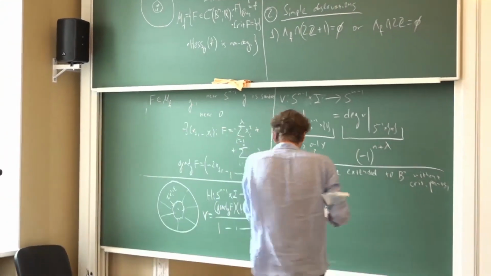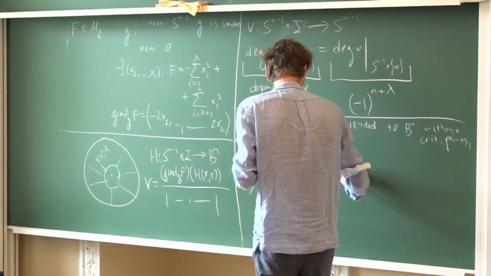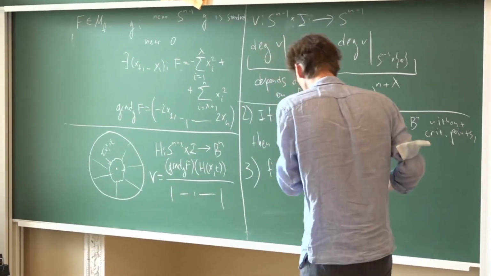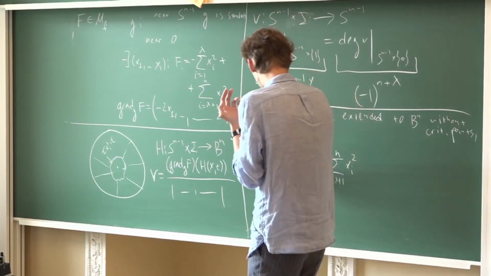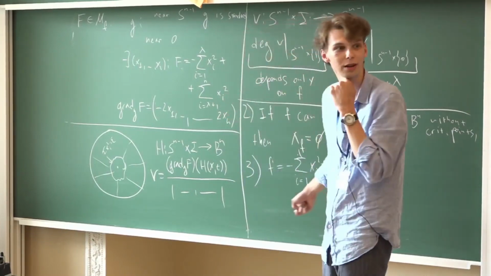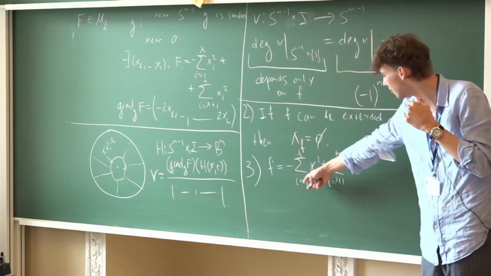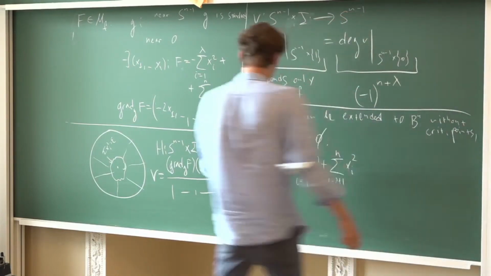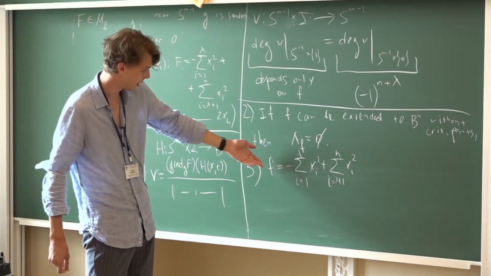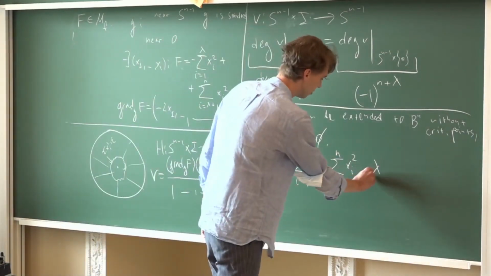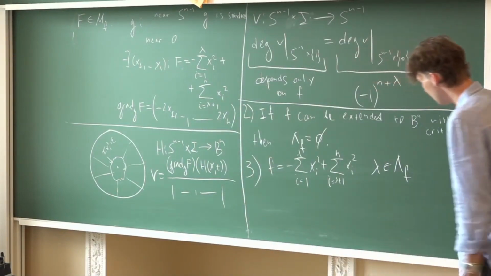Okay. So if your function f is like this, then of course by the same formula you can extend it such that it will have index lambda. So obviously lambda is in lambda f.